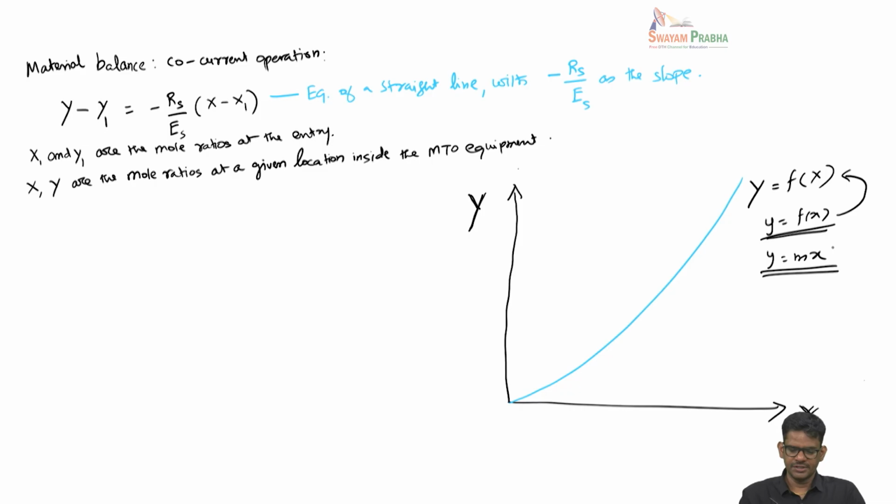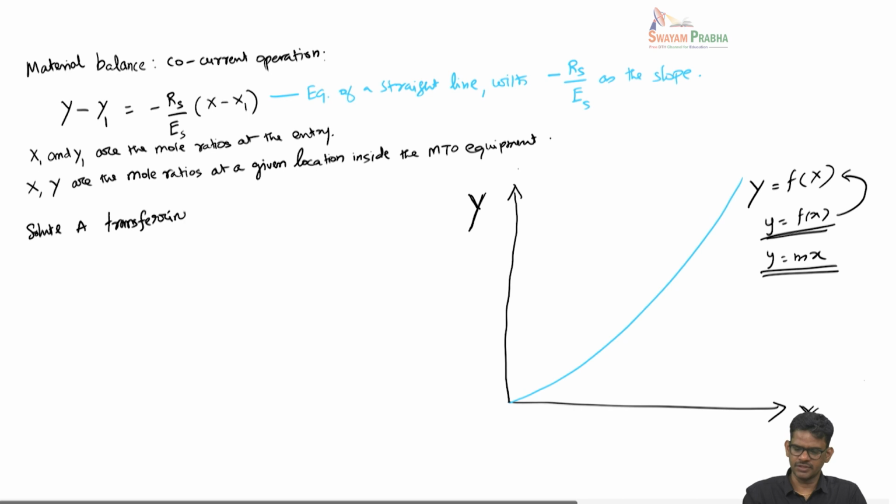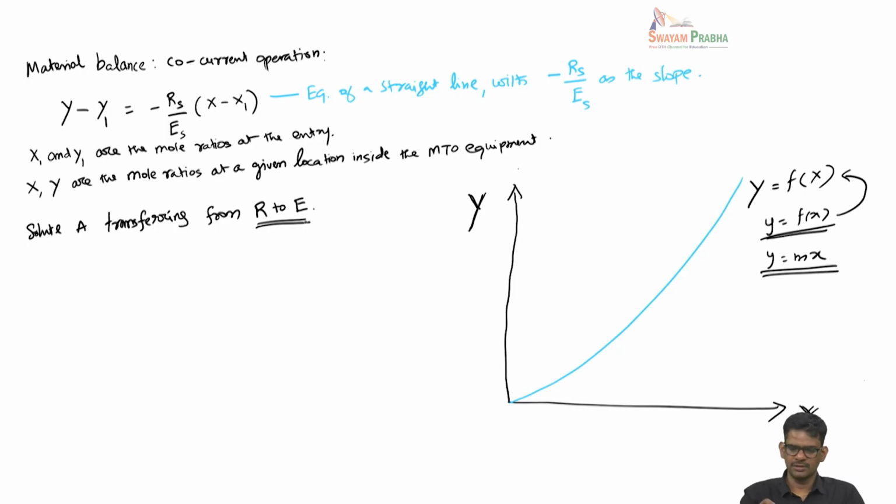So the operation we discussed is a transport of solute A transferring from R to E. Our material balance was carried out for this particular case. Now if I were to draw this material balance equation, you can locate the point.